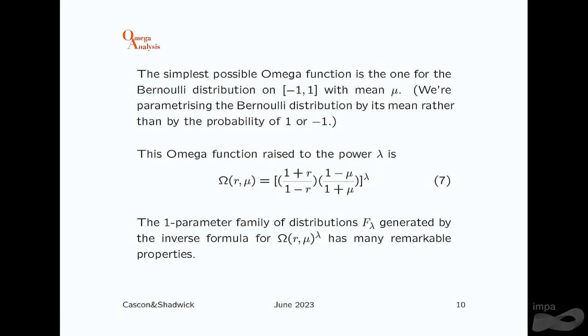And that generalizes easily to the Bernoulli distribution, where here we're parameterizing Bernoulli by its mean rather than the possibly more common parameterization by the probability of it being -1, and 1 minus that is the probability of being 1, and so on. But it's easy to see it's the same thing. And in fact, obviously there should be a lambda here as well. So we take that simple case and raise it to the power lambda.